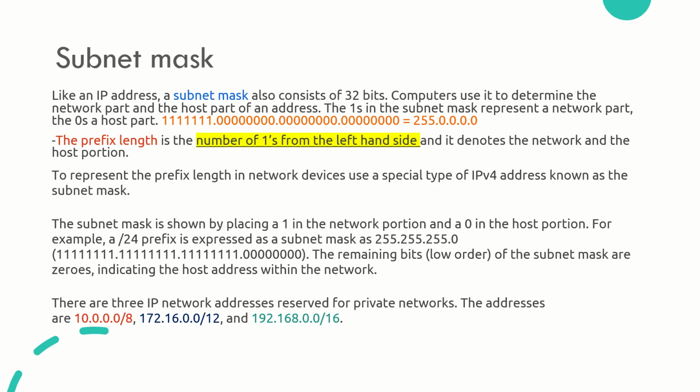To represent the prefix length in network devices, we use a special type of IP version 4 address known as the subnet mask. The subnet mask is shown by placing a 1 in the network portion and a 0 in the host portion. For example, a /24 prefix length is expressed as the subnet mask 255.255.255.0.